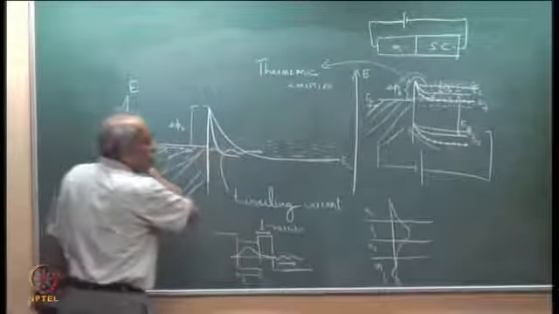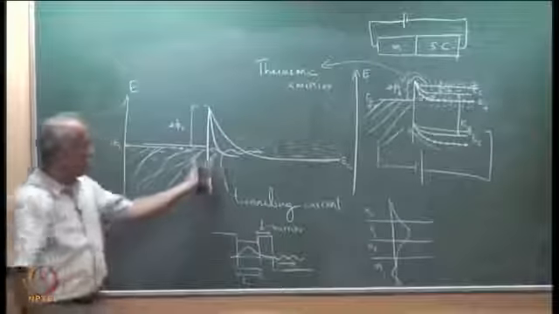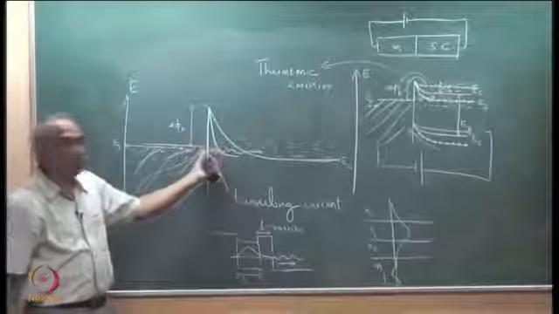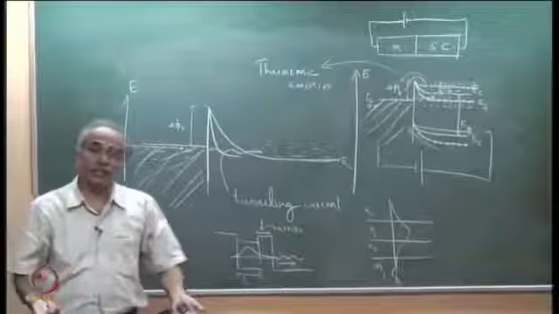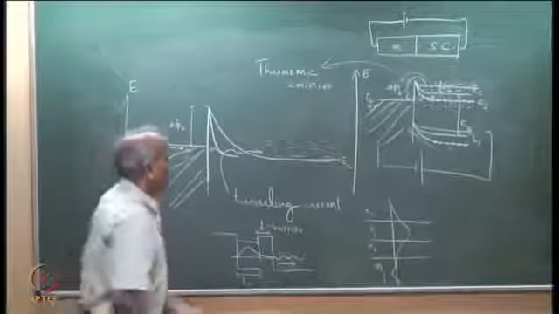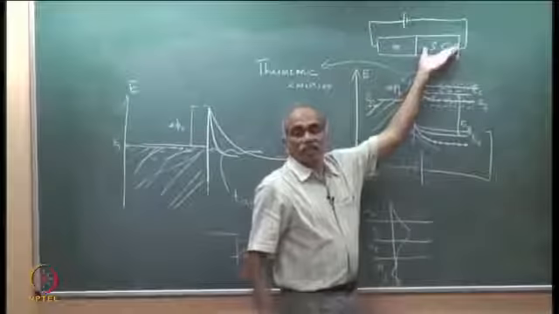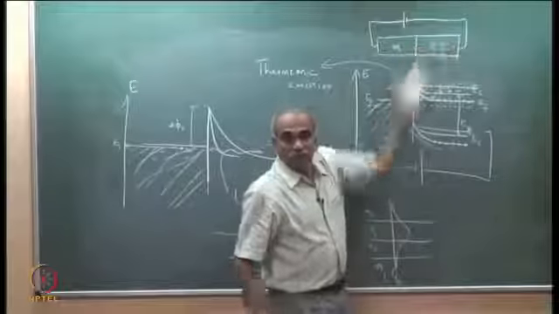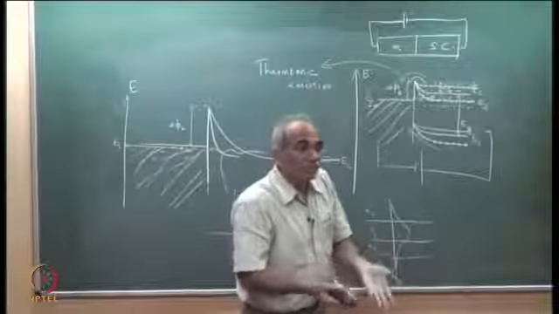So I can have a much larger reverse current if I reduce the barrier width. How to reduce the barrier width? By doping this semiconductor heavily. If you dope this semiconductor heavily, then the barrier width will be reduced.